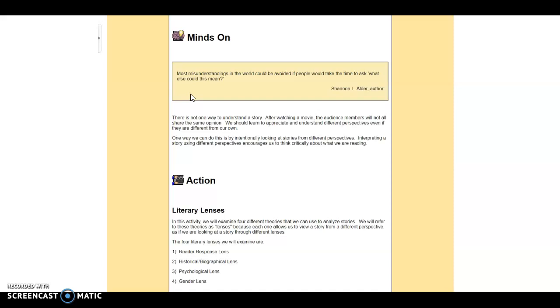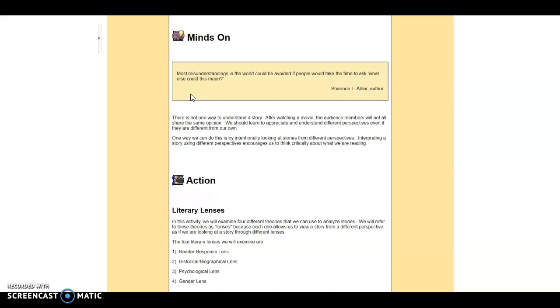So the purpose of this activity is going to be looking at things from a different perspective. And the idea is that we don't have to look at stories, movies, songs, whatever it is that we're listening to, watching, or reading, we don't have to interpret them in one way.